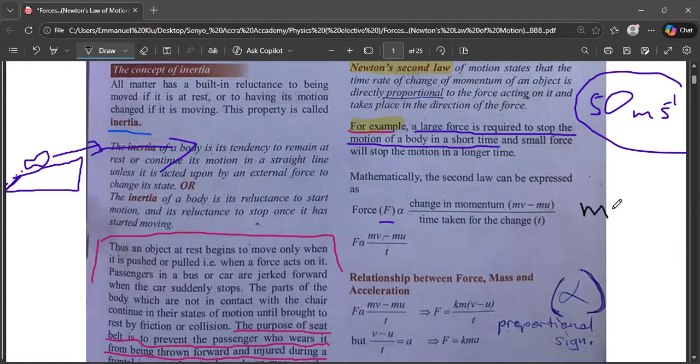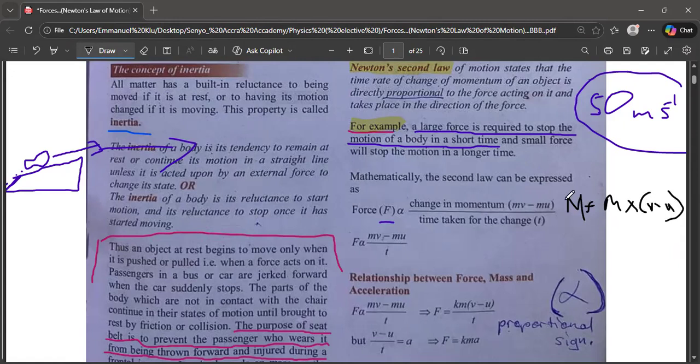Yes, we learned that our change in momentum is equal to mass times change in velocity. I can also put it that way. Yes, our momentum is equal to mass times the change in velocity.